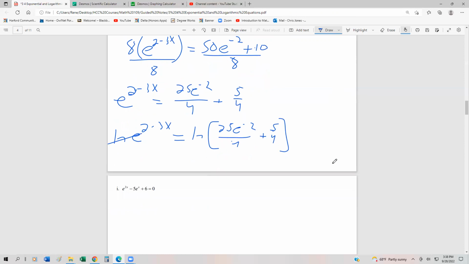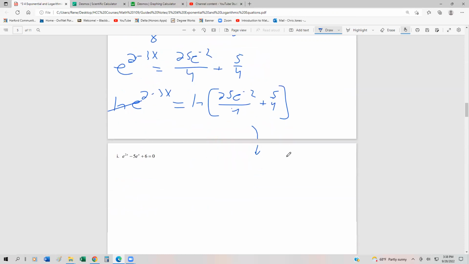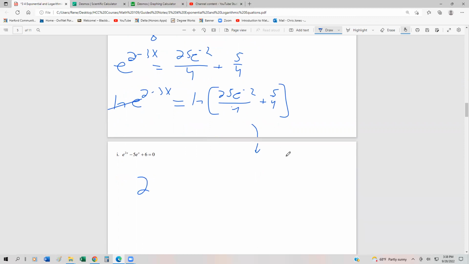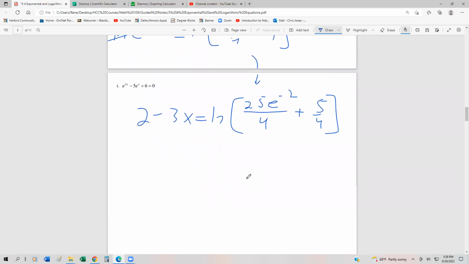And I'm just going to scoot down here because I ran out of room. So we get 2 minus 3x equals this natural log of 25 e to the minus 2 over 4 plus 5/4. And now at this point, I'm going to subtract 2 from both sides.